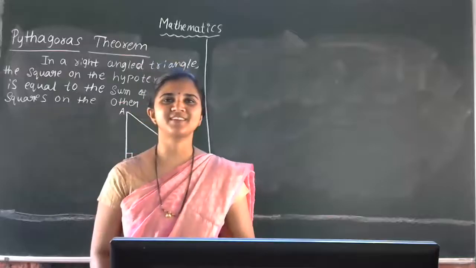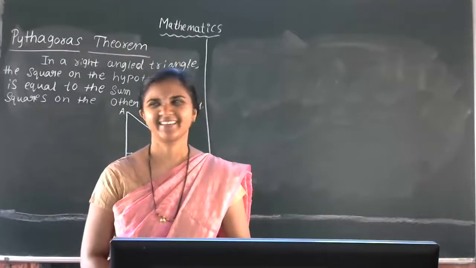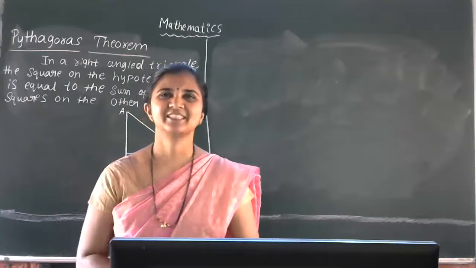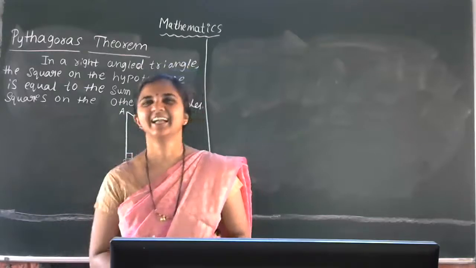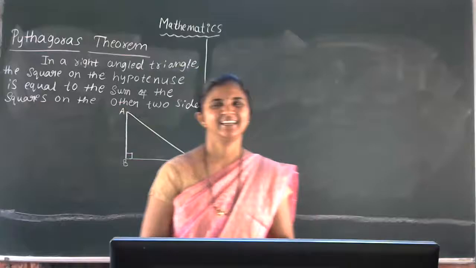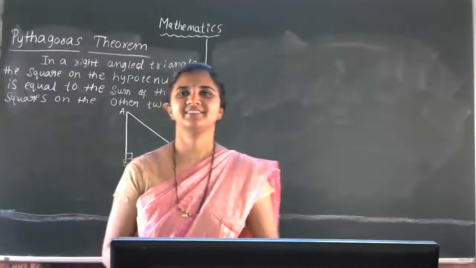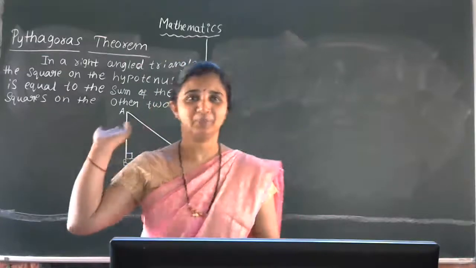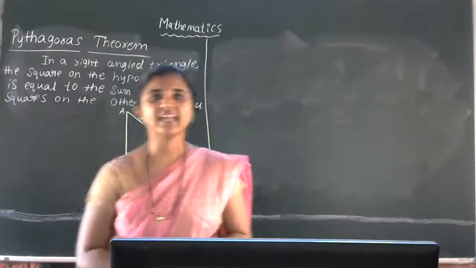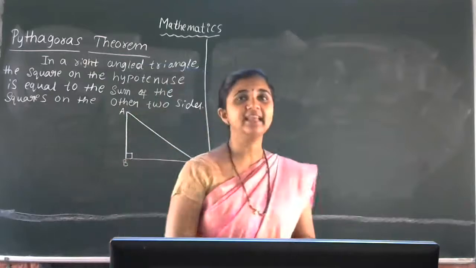See, you just observe, this is the right angle triangle. So for this triangle, we have to do some modification. That modification is called the construction part. Here we need the construction. What is that construction part? The construction is, we have to draw BD line perpendicular to AC.